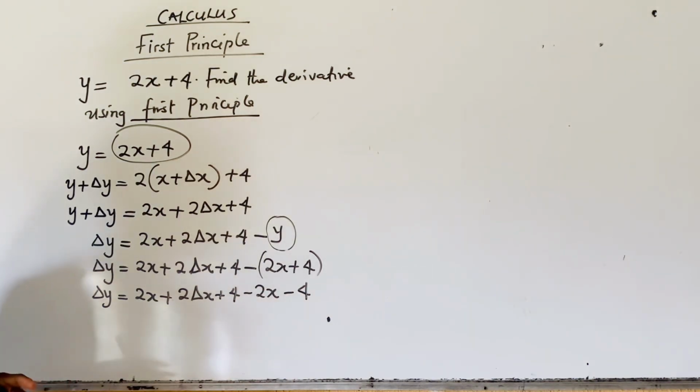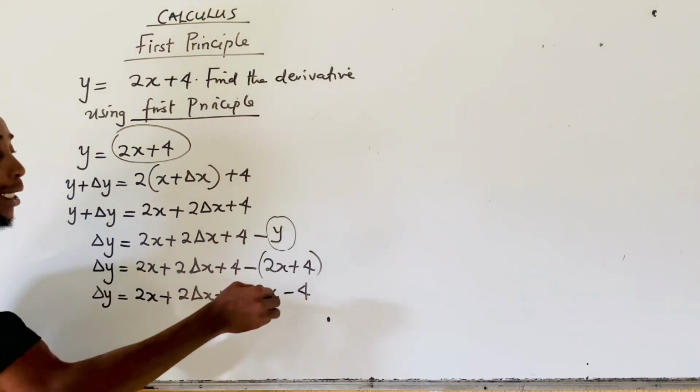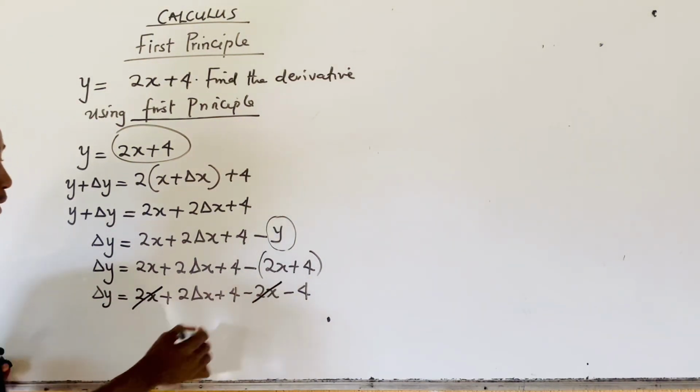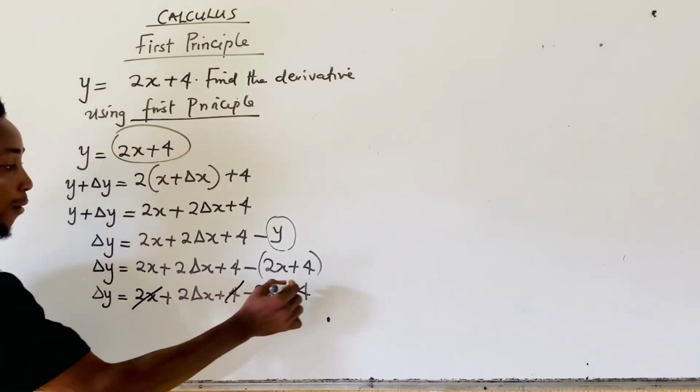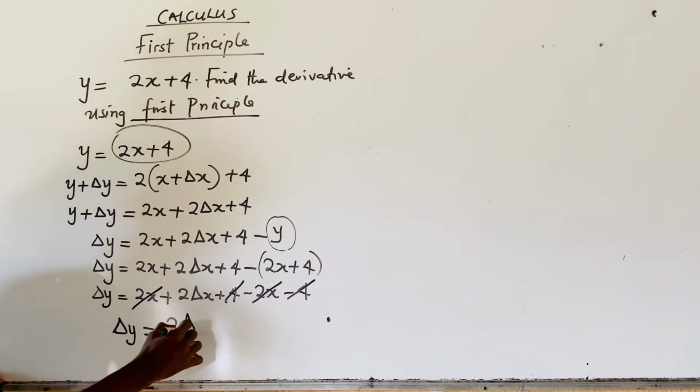There is one simple trick I like telling students when solving first principle. Note that all the elements of y will be cancelled out. All elements of y will be cancelled out. How? 2x minus 2x, 4 minus 4. You see? You are left with what? Change in y equal to 2 change in x.